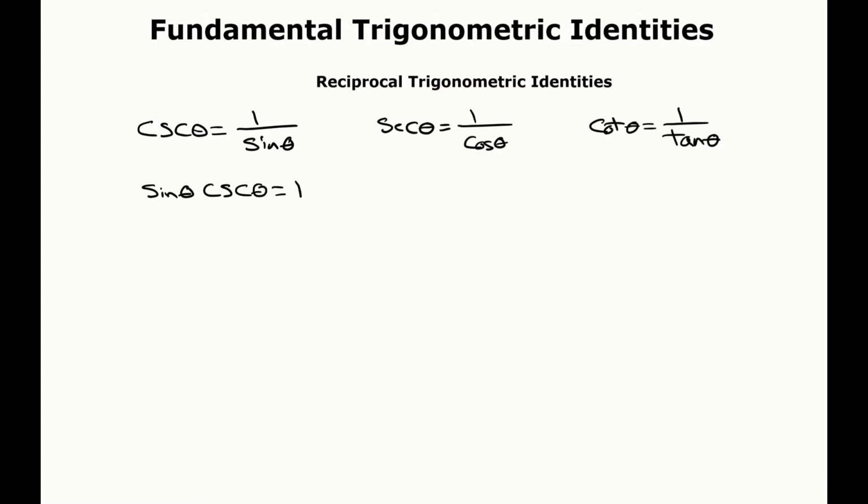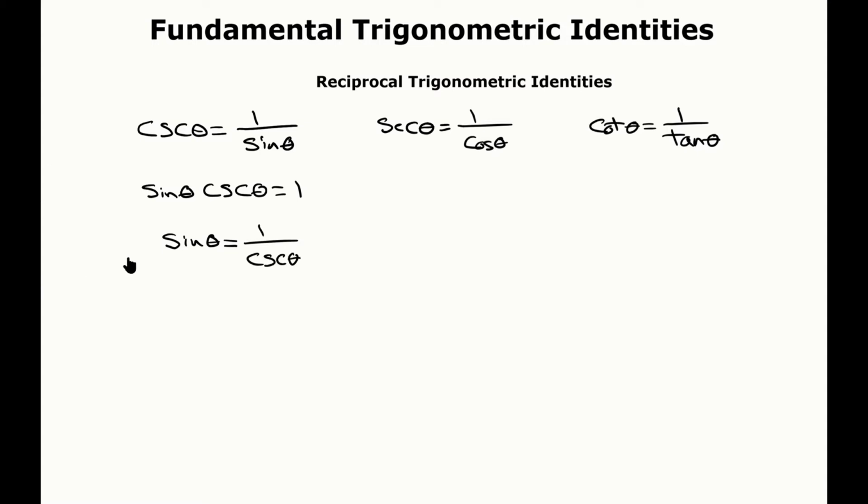And of course, we could have written cosecant theta times sine theta. The order of multiplication doesn't matter because of commutativity. And also, for example, we can solve this new identity for sine theta, and we end up with sine theta equals 1 over cosecant theta.